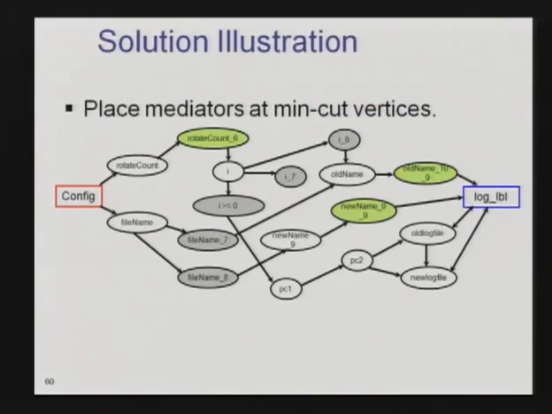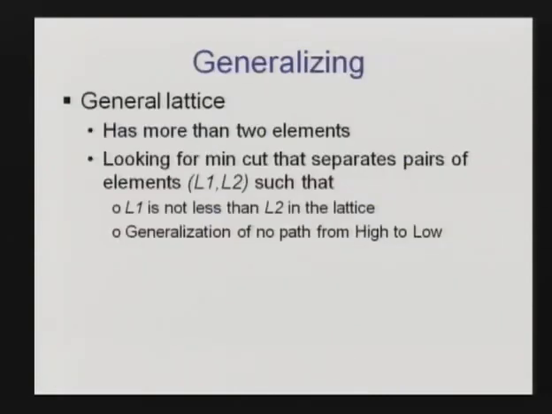Now notice that min cut you can do in poly time if you just have high and low. But real security lattices don't just have high and low, you have multiple lattice levels. So you have to generalize this problem. Min cut is not enough. A general lattice has more than 2 elements, so you have to look for a min cut that separates pairs of elements in the lattice such that L1 is not less than L2.